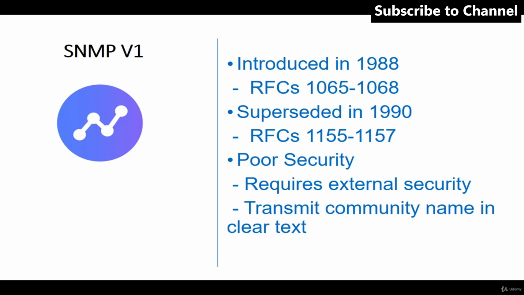The community name is basically a password. It is the word or phrase that authenticates a network management station to the network device. And hackers or anyone can read or write to your devices in the network. There are some basic ways to secure SNMP on your network, and we'll go over those security models in this course.